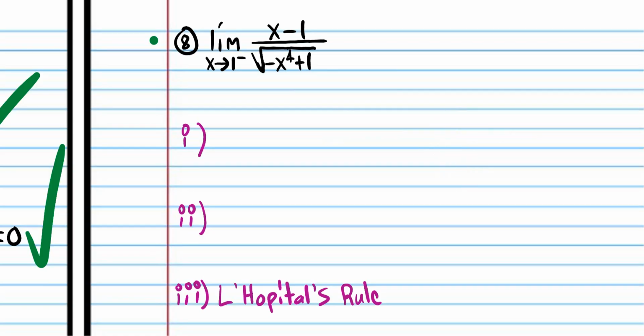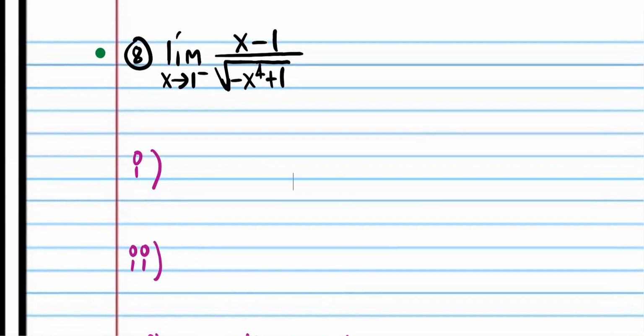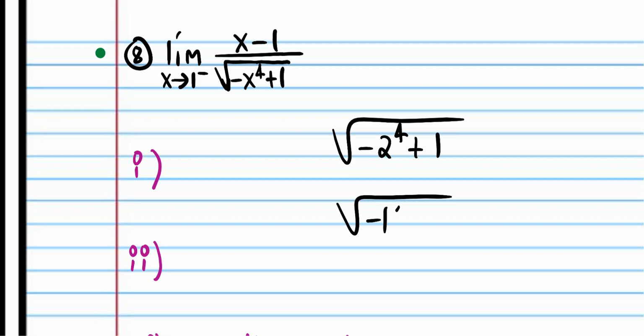But the question is why? Why can't we approach from the right? Well, if you choose a number that's bigger than 1, say you choose 2. So we're approaching from the right, so let's say we plug in 2 for x. Then we get root negative 16 plus 1, and then we get root negative 15.